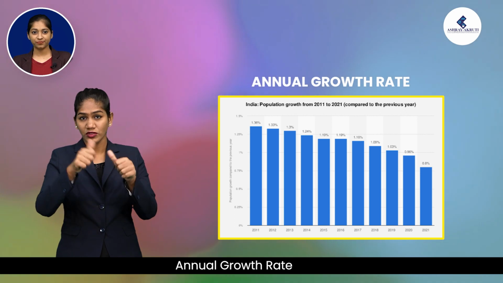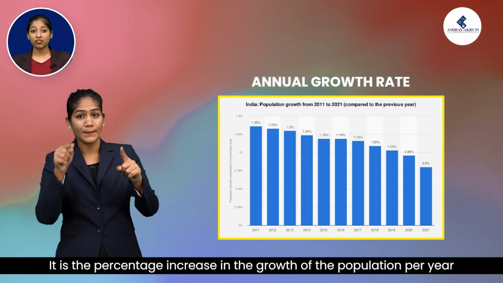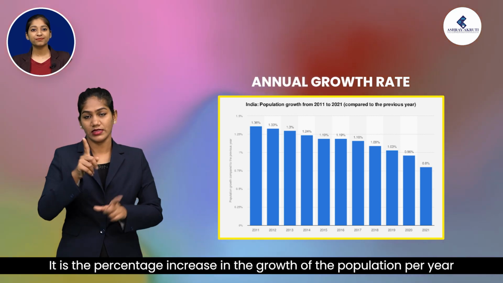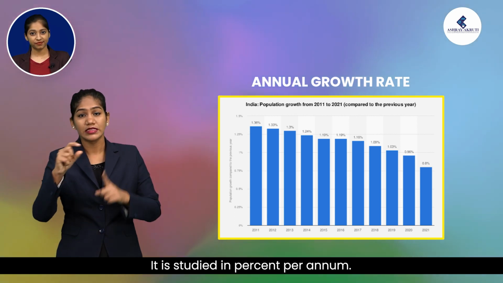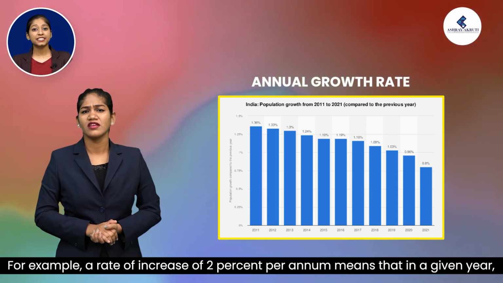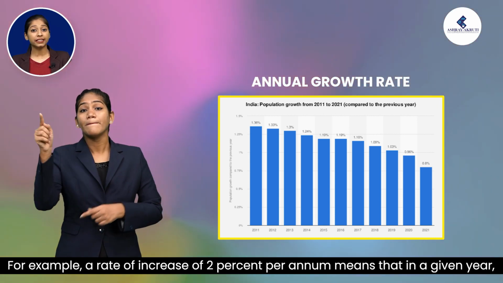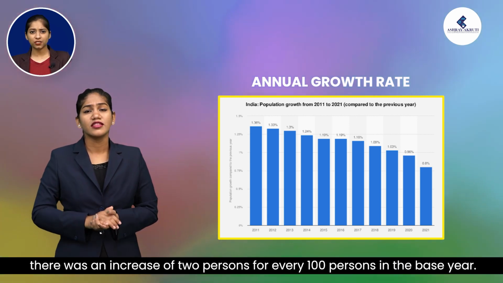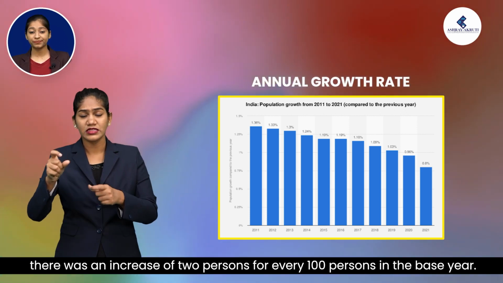Annual growth rate. It is a percentage increase in the growth of the population per year. It is studied in percent per annum. For example, a rate of increase of 2% per annum means that in a given year, there was an increase of 2 persons for every 100 persons in the base year.